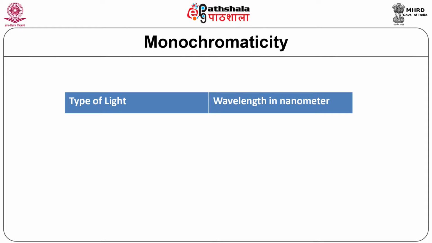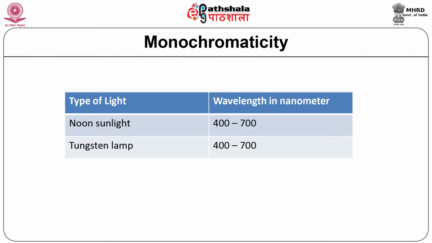Let us see some different types of light sources and their wavelengths in nanometers. You can see the spread of wavelength, that is delta lambda, for these sources. For example, for noon sunlight the wavelength range is 400 to 700 nanometers. For a tungsten lamp, it is 400 to 700 nanometers.